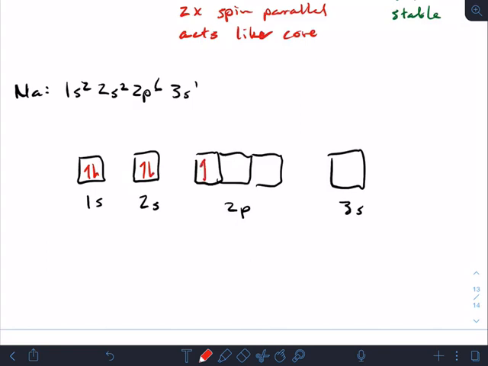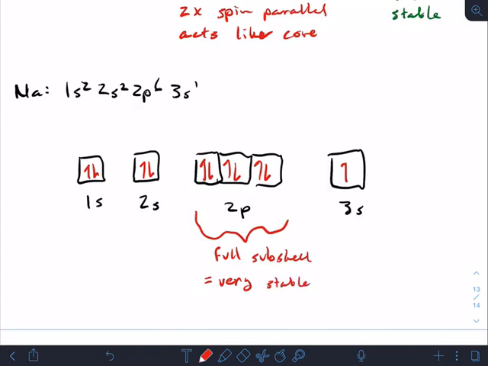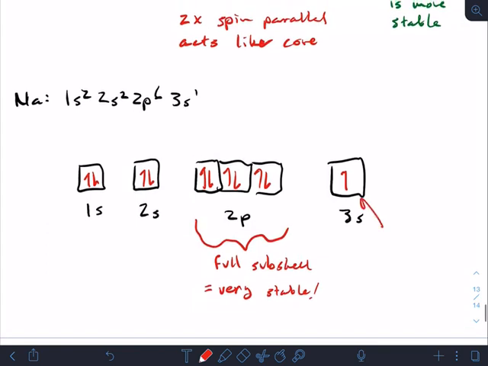I'm going to go ahead and fill electrons in these guys. So I've got 2 electrons here, 2 electrons here. My 2p is completely full. And then I've got 1 electron right there. This is a full subshell, which means that that particular subshell is very stable.